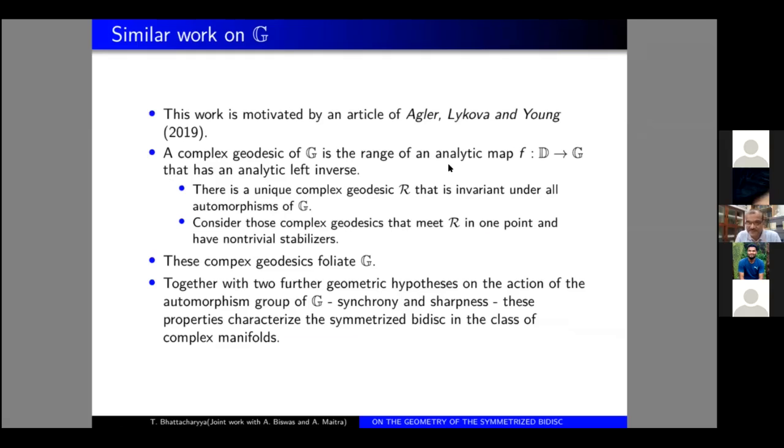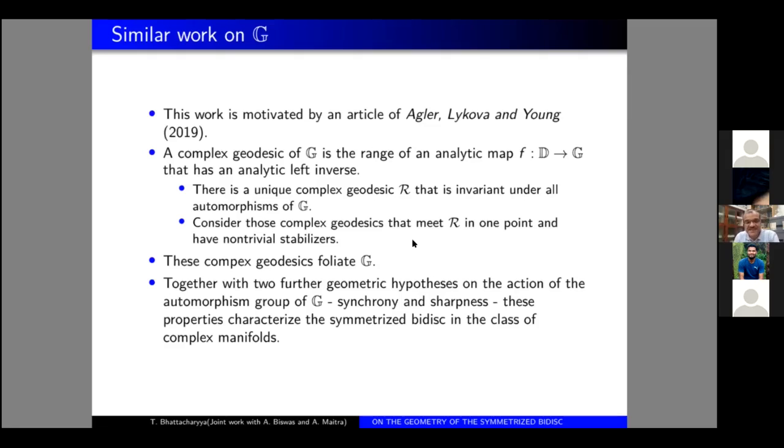Okay, fine. So consider this analytic disk; they called it the royal variety, so the notation R. Using that as the base, consider other complex geodesics that meet R at only one point and have non-trivial stabilizers. That is, there are elements in the automorphism group of G other than the identity which stabilize the complex geodesic.